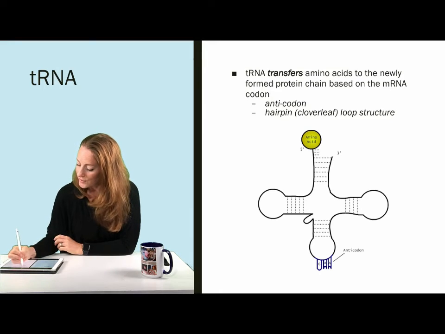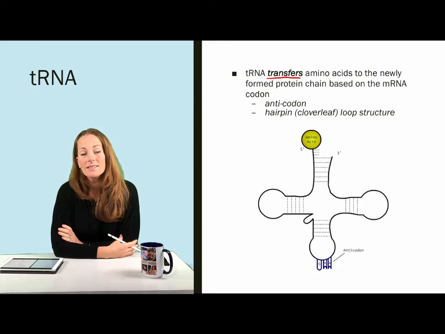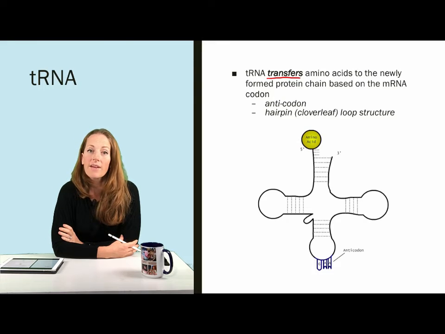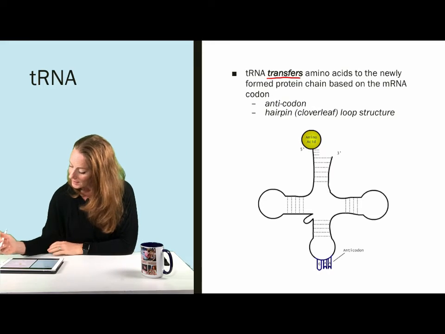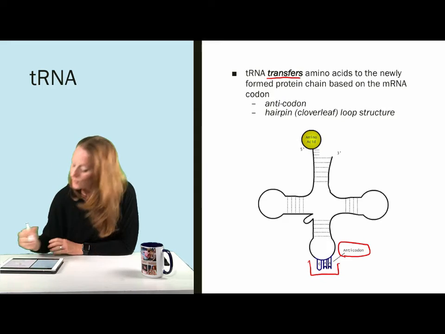tRNA transfers, that's where it gets its T, amino acids one by one to the final protein. There's a tRNA for each possible amino acid and each possible codon. tRNA recognizes that triplet codon code in the mRNA. tRNA has what's called anticodons.